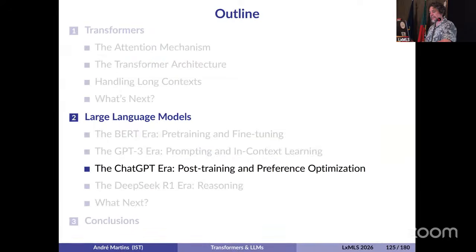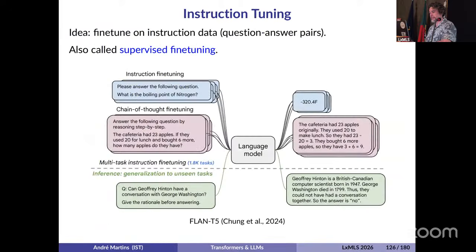That brings us to the next era, the ChatGPT era, the era of post-training and preference optimization. The first thing that people tried was to fine-tune on instruction data. They asked humans to come up with answers to a lot of questions across multiple, diverse tasks, splitting between tasks that you provide to models when you are fine-tuning them and tasks that are held out only for evaluation purposes, because you want to test how well models can generalize to unseen tasks.